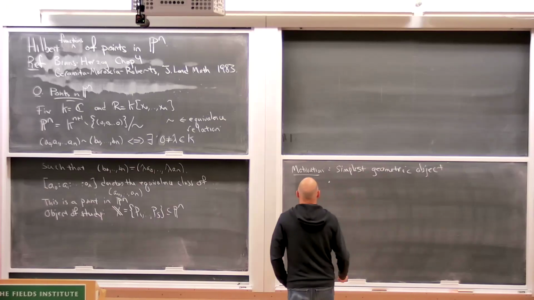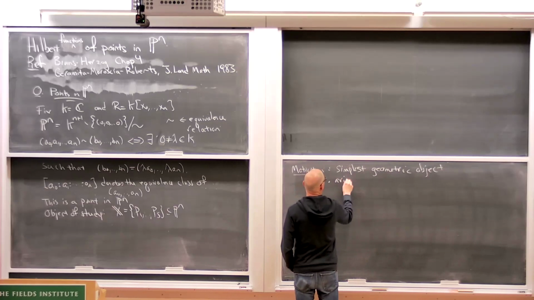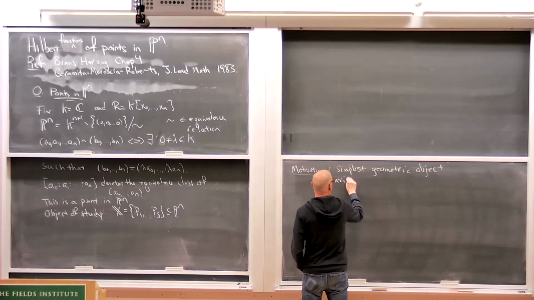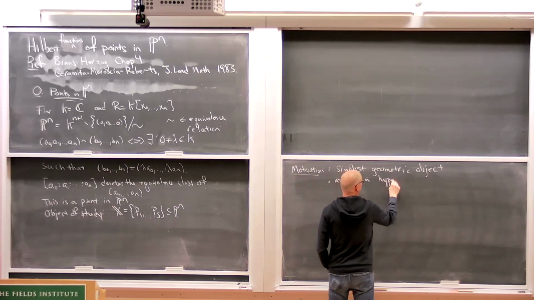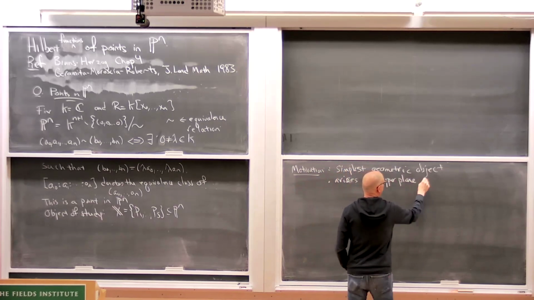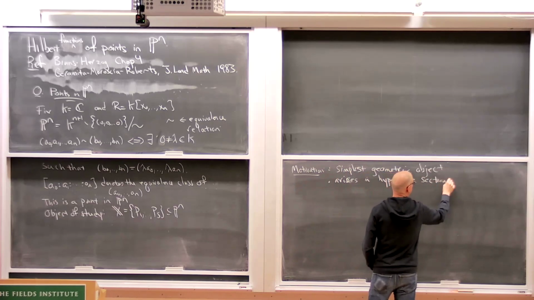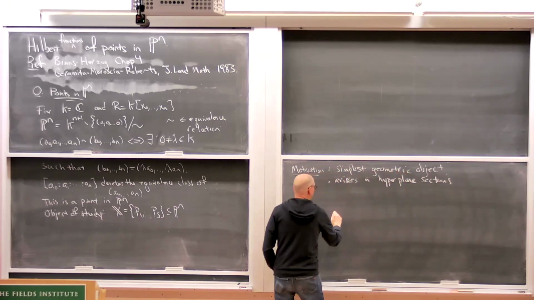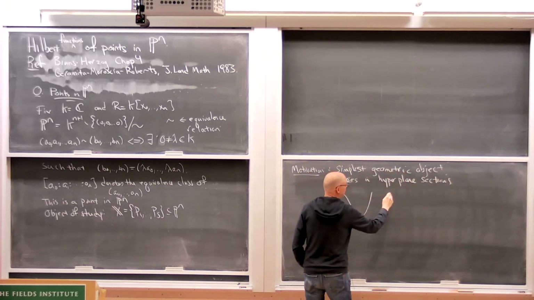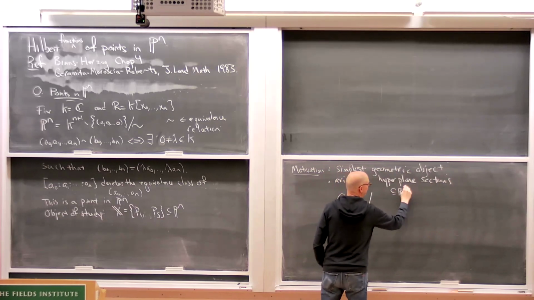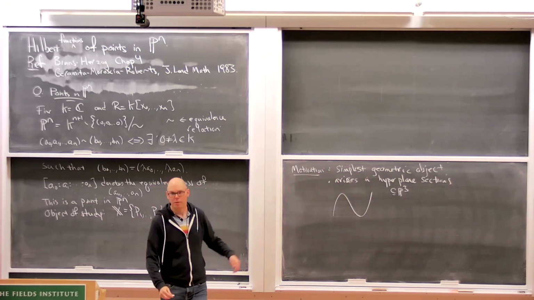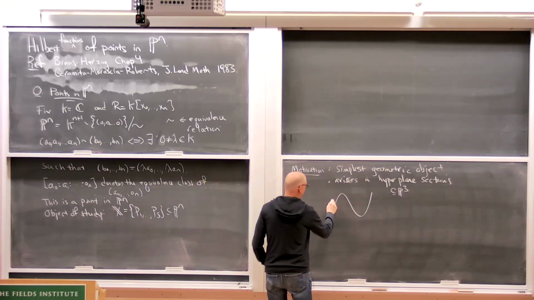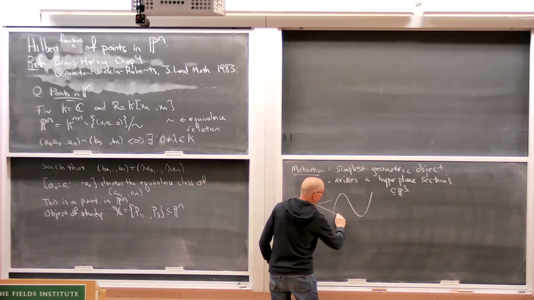Okay, so this is very vague, but it arises in, say, hyperplane sections. So let's say, for example, you have some sort of curve sitting inside projective 3-space, and somebody comes along and chops it with a plane, right? So let's see how good my drawing skills are today.